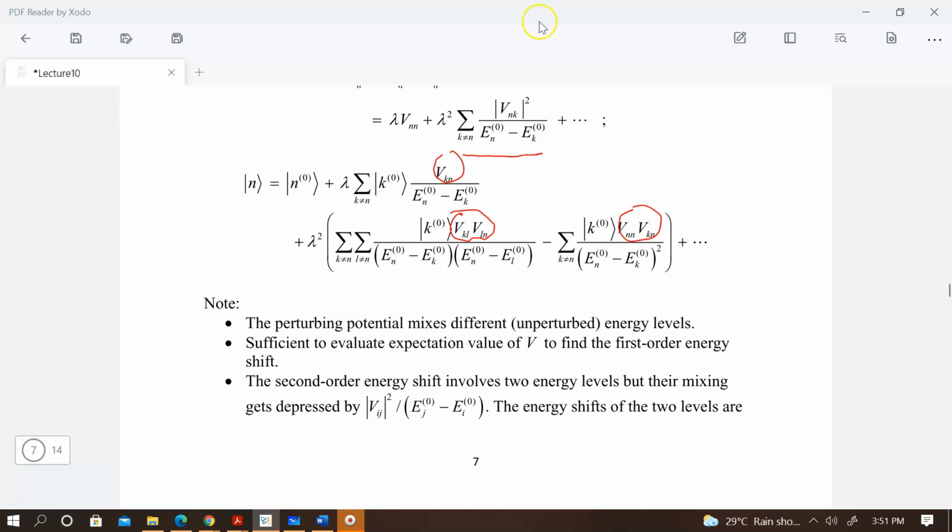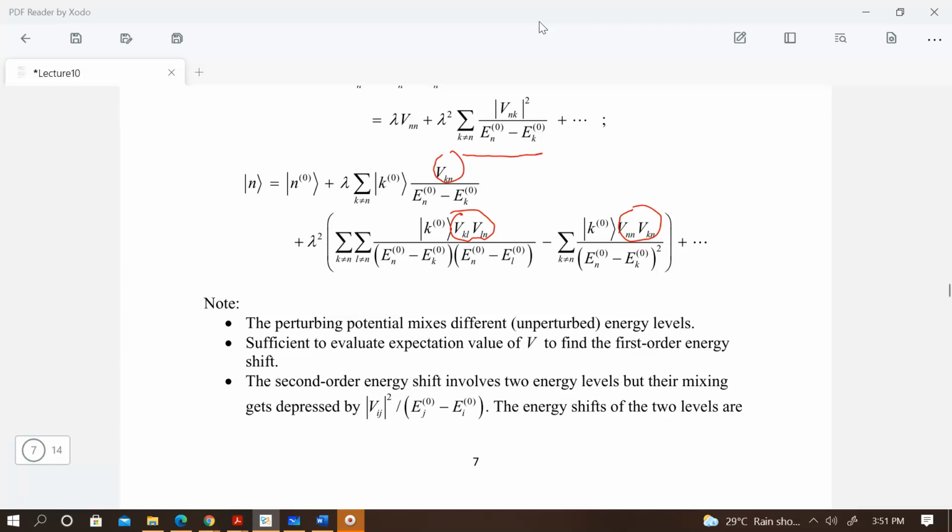So what happens in this case, essentially, you'll find the perturbing potential actually mixes the unperturbed energy levels. Your V_kn, for example, is saying that you have this potential allowing you to go from one unperturbed state to another. Here, for example, it is going from the n state to the k state.